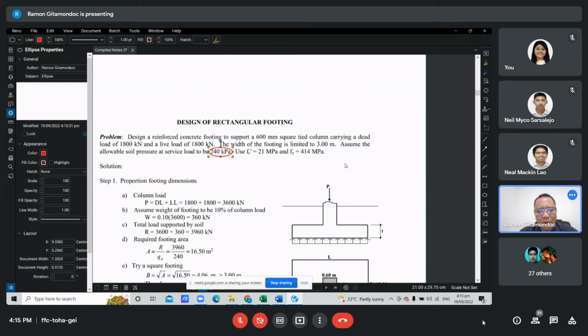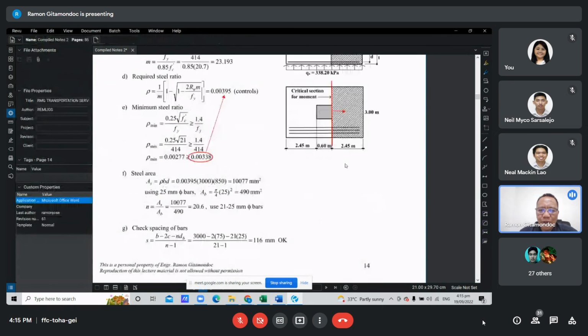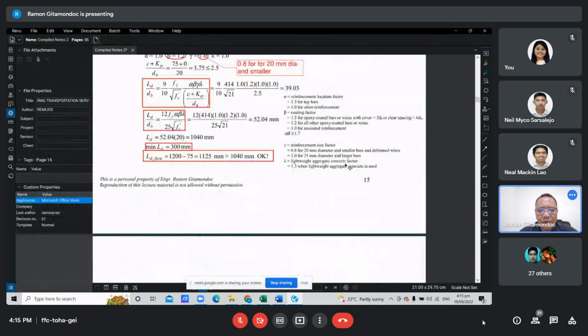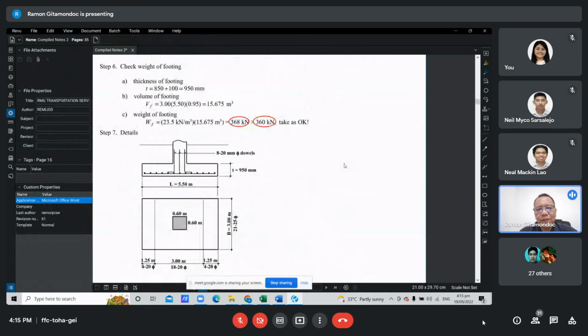So whether you have actually 368 or 360, a difference of 8 kilonewton, it's not really significant. Percentage wise, the difference is small. Don't bother. In structural design, it does not always have to be exactly zero difference. There is room for these approximations.